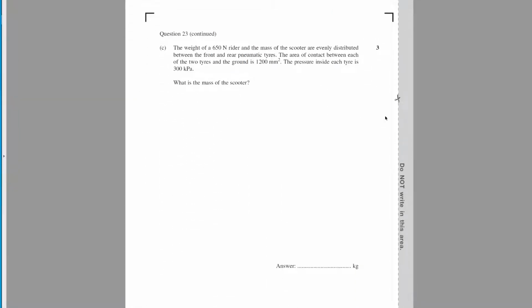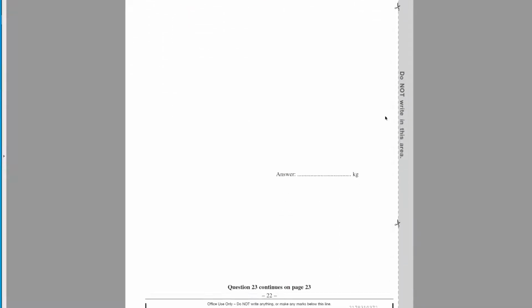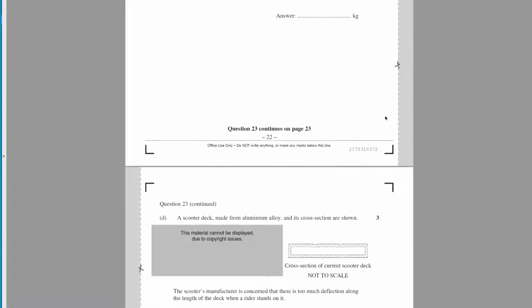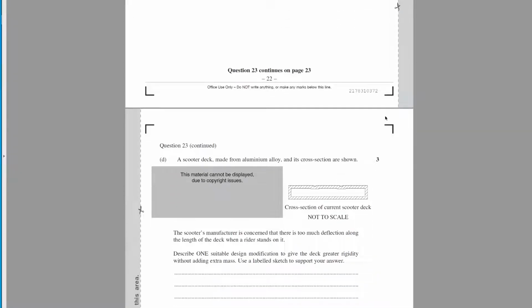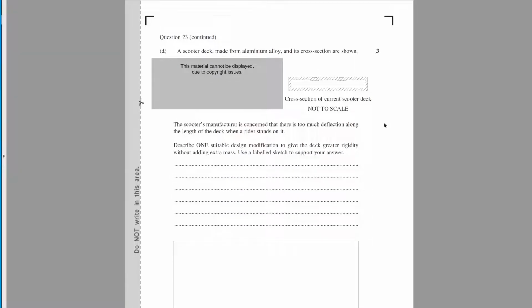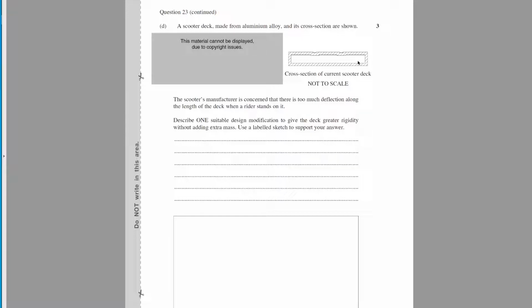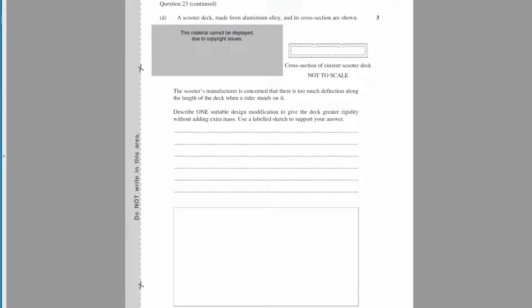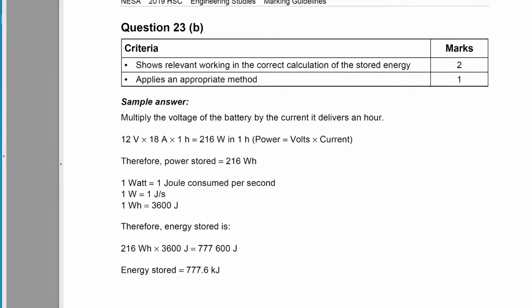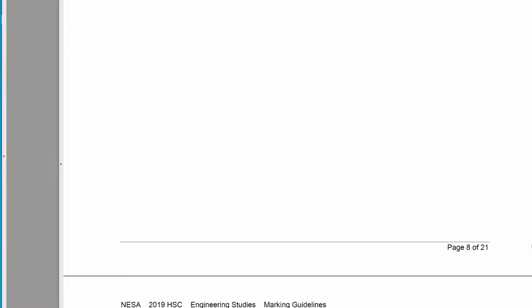As we keep going down, 23C, we're still floating around the half range. 23D, same thing. So we've got this beam and we're saying it's deflecting too much. When we're on our scooter, we're bouncing around and we don't like that. So how do we make it stiffer? We should be pretty familiar, especially in older papers from 10 years ago, they used to love these questions.